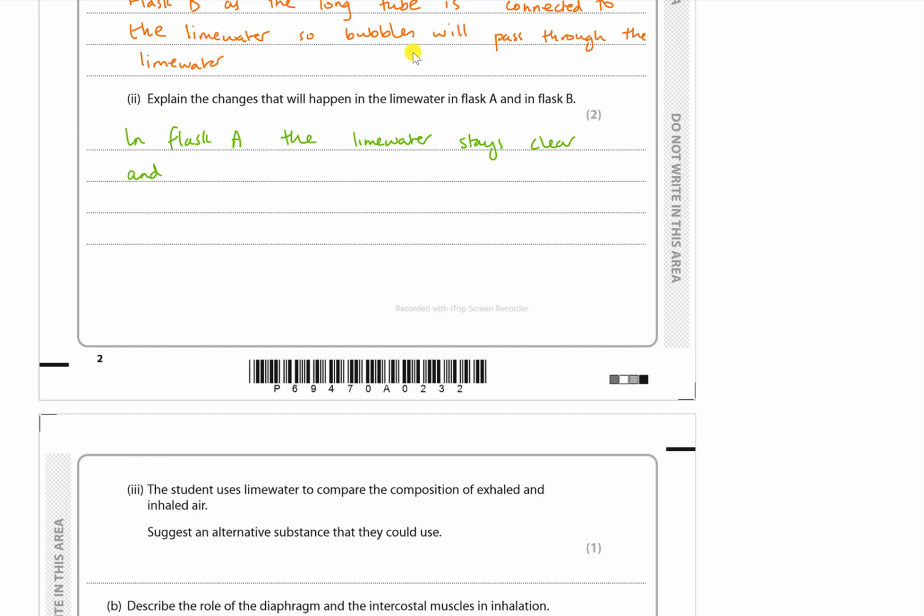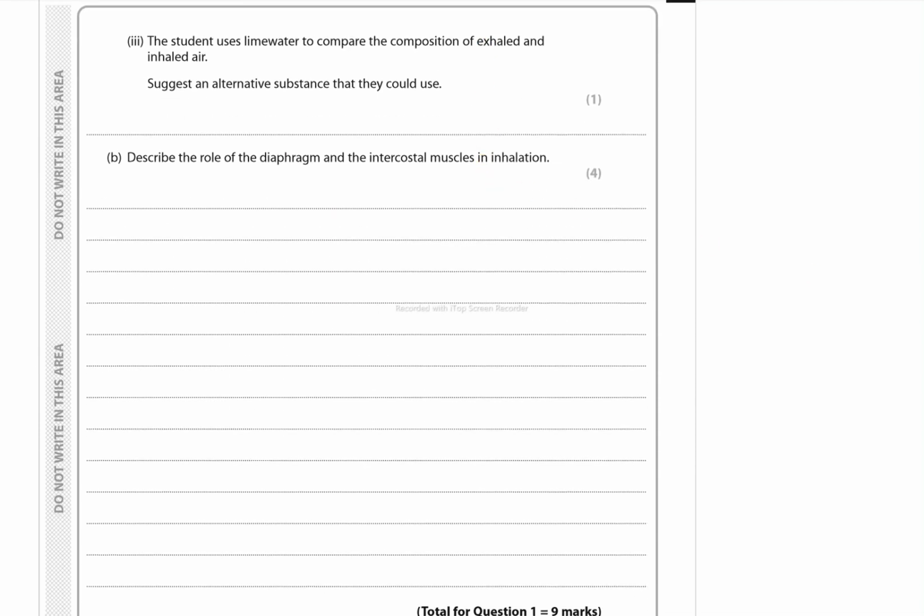And in flask B, the lime water turns milky, as expected. And it turns milky quicker. It'll be much more milky. Right.